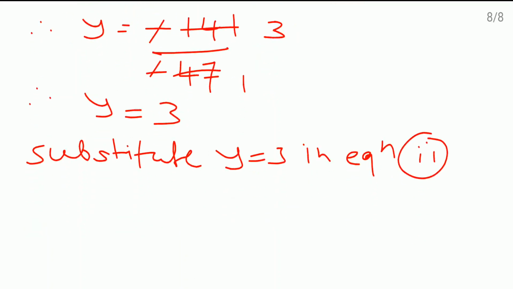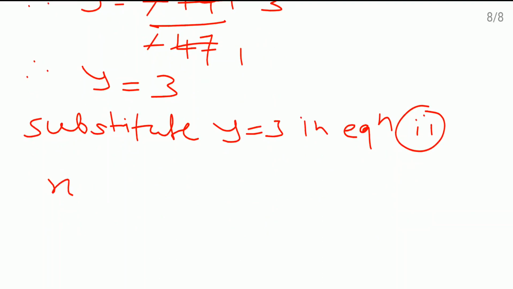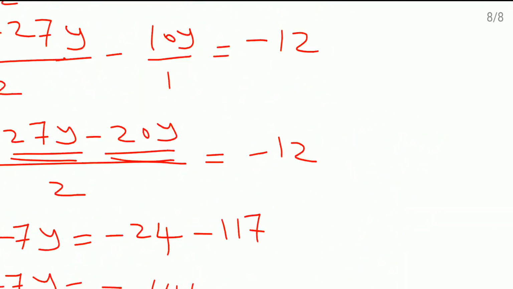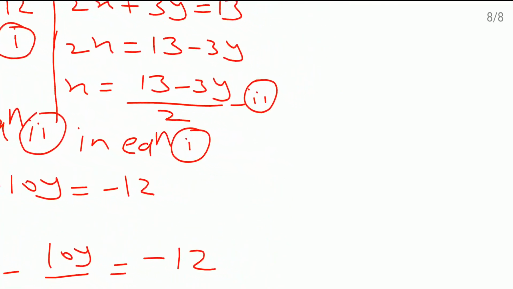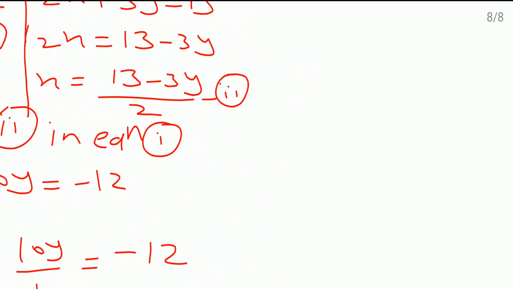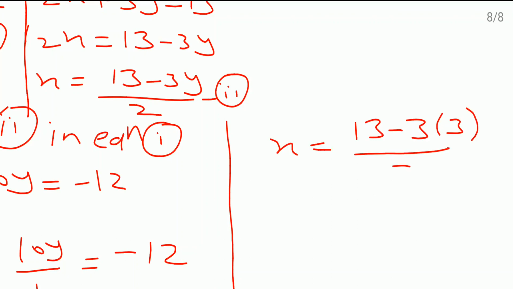Now let us see what is that equation 2. X which is equal to, here let me see the equation 2 here, or I can write down here itself. See equation 2 here itself, I'll show you. I got the value of y as 3, right? So here I'll show you x which is equal to 13 minus 3, and this is 3, divided by 2.